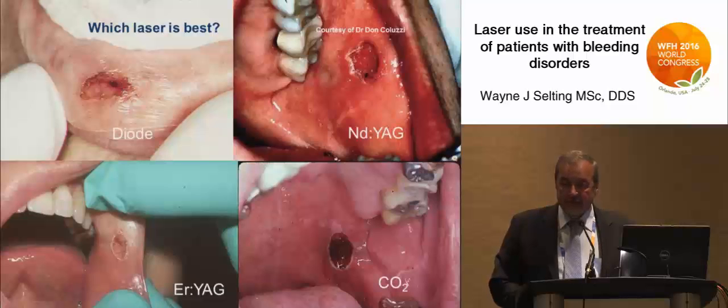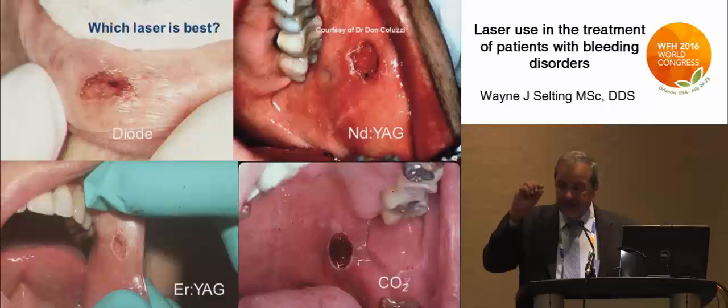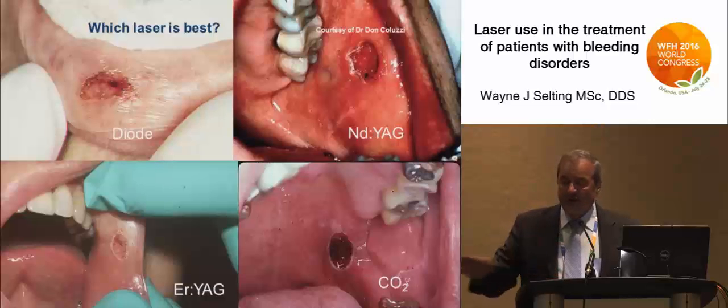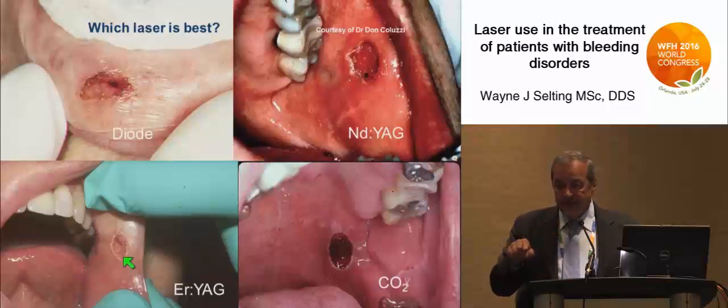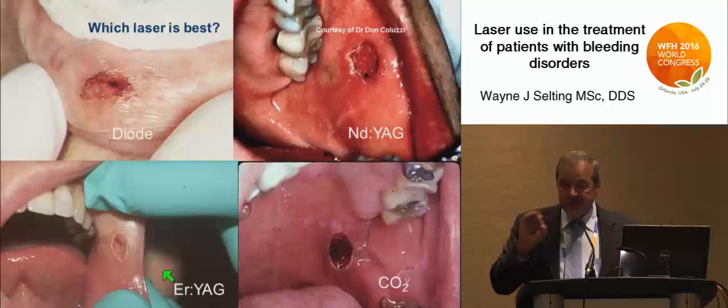That's all true. That's because the energy only penetrates a micron or so. There's almost no collateral damage. The problem is, for your patients, you get almost zero coagulation with the erbium.